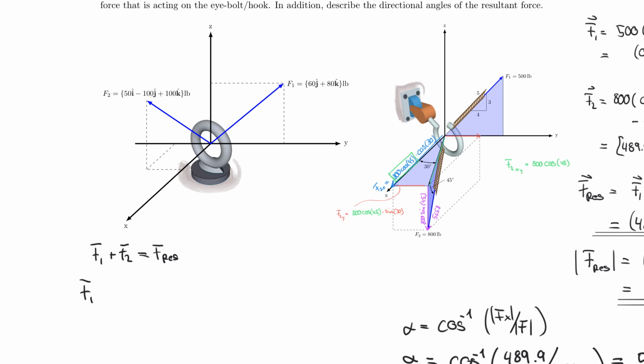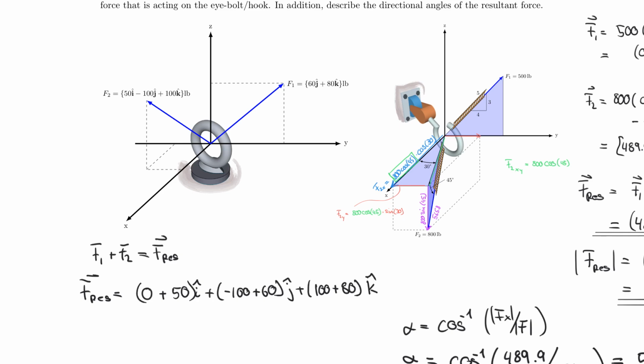So F resultant is really equal to 0 i hat in F1, 0 plus 50 from F2 i hat, plus minus 100, be careful here, plus 60 j hat, plus 100 plus 80 k hat.